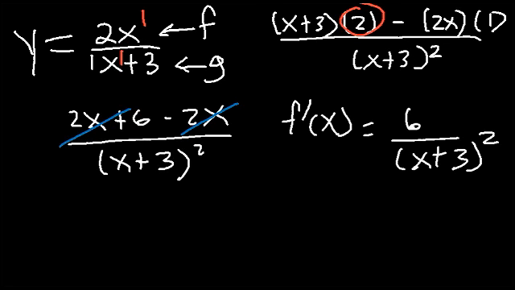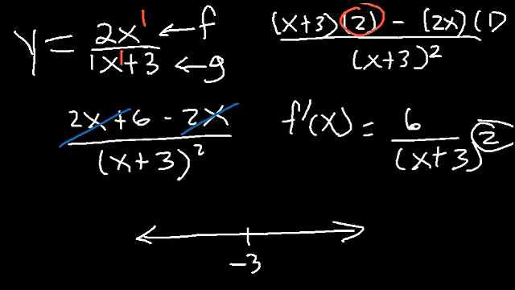Now the critical point is at negative 3. That's where it can change direction. At negative 3, it's undefined. But notice that it's squared. That means that the first derivative is always positive. No matter what number you plug in for x, you will always get a positive result. If you plug in 1, 6 divided by 4 squared is positive.